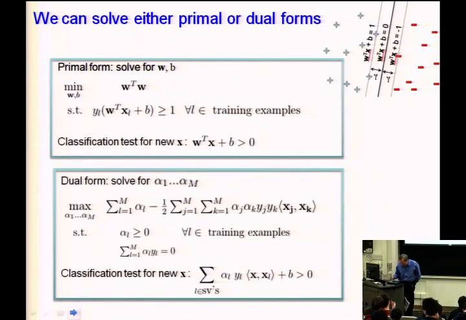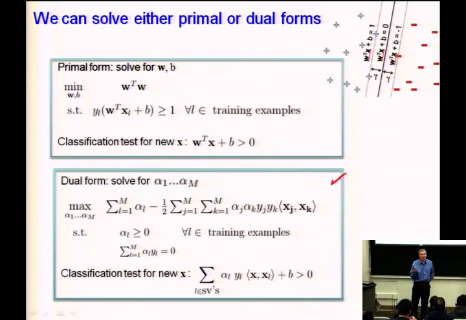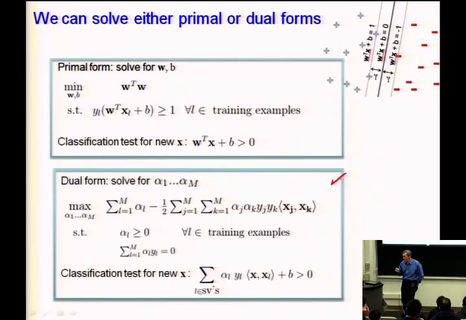So basically what we're saying is this dual form of the problem gives us the same linear classifier if we optimize the dual form as if we optimize the primal form.